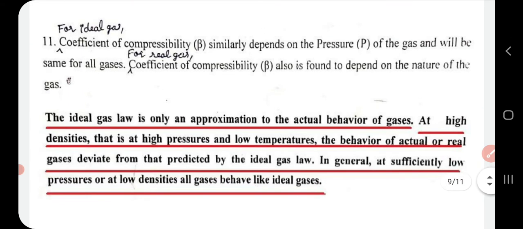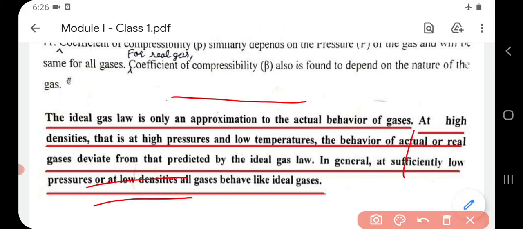So ideal gas law is only an approximation to the actual behavior of gases at high densities, that is at high pressure and low temperature. The behavior of real gases deviates from ideal gas law. Real gas deviates from ideal gas under which condition? At high pressure and low temperature.